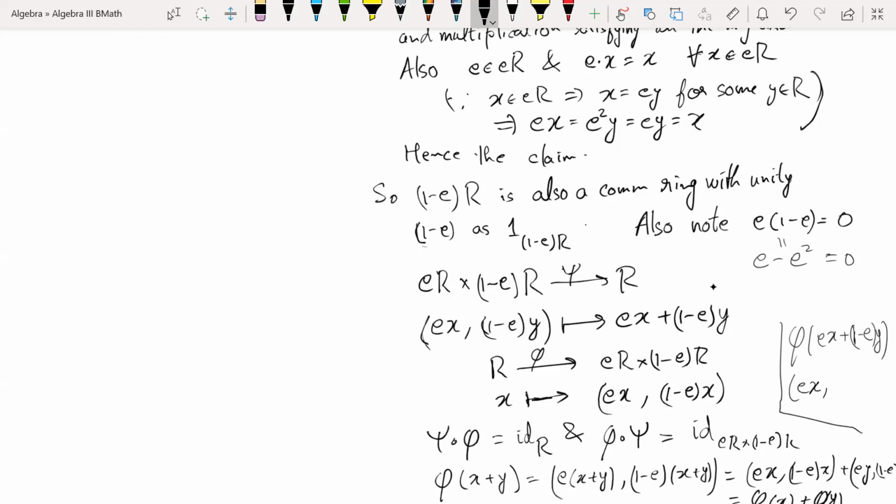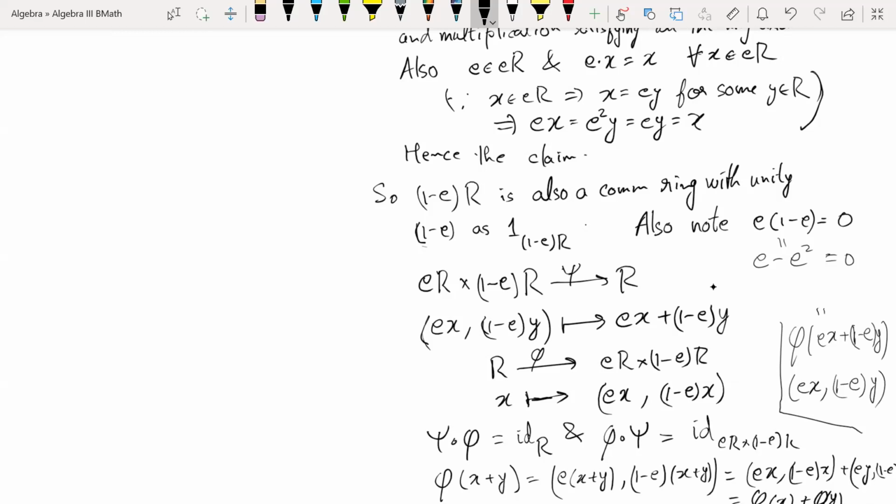So you get EX, comma, and then if you multiply by 1 minus E, the first component goes away, and what you get is 1 minus E whole square Y, which is the same as 1 minus E times Y. So again, you got what you started with, EX comma 1 minus EY.